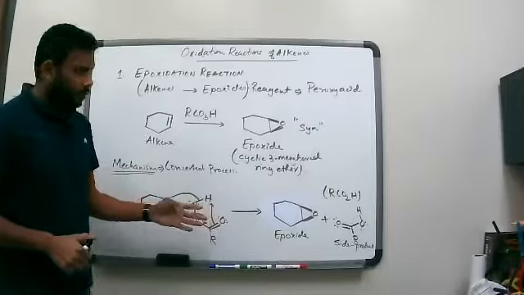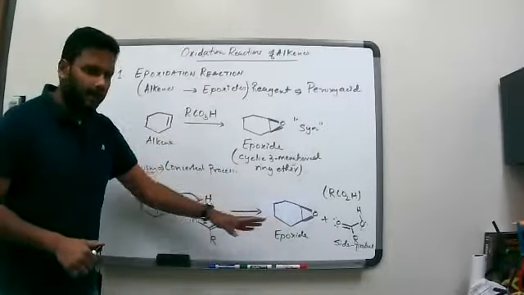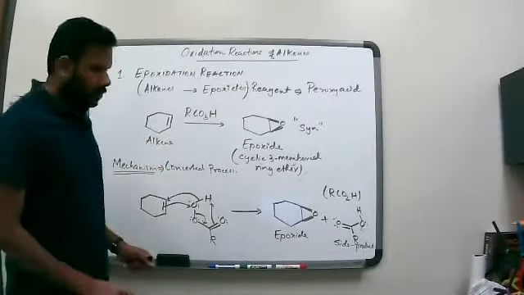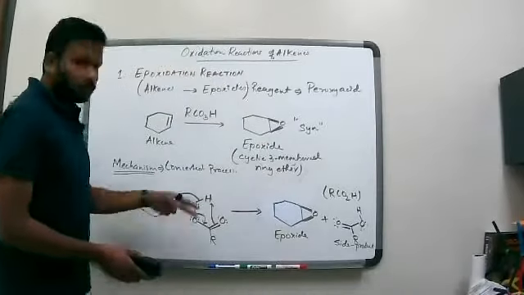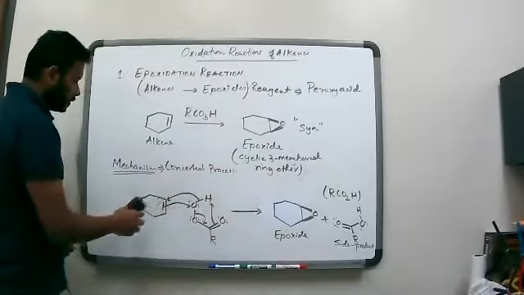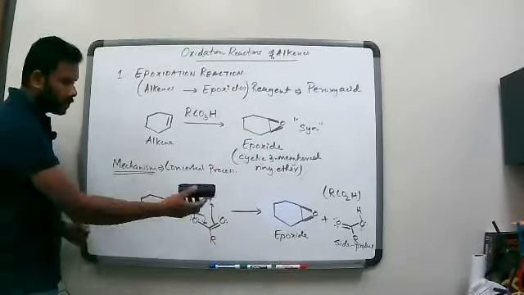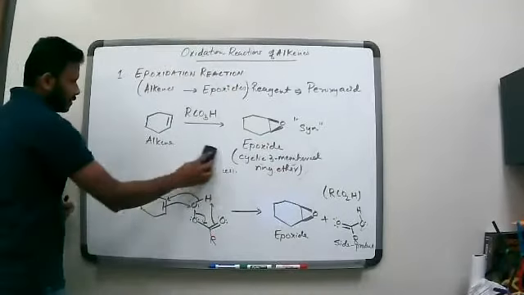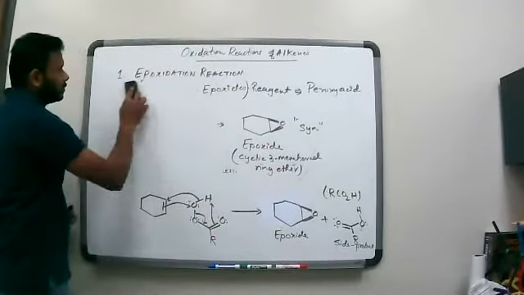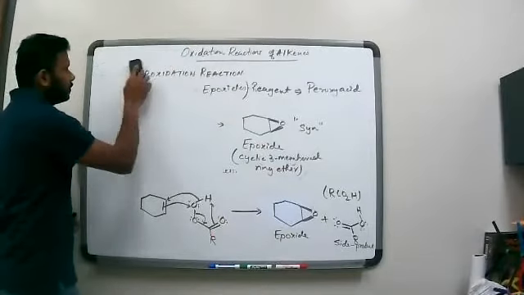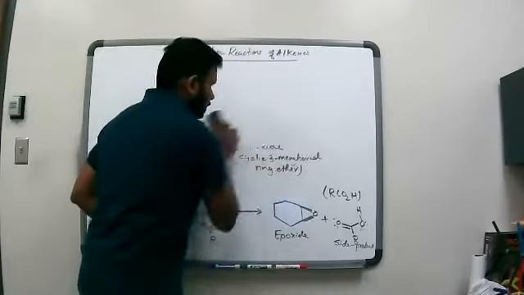So that way we can oxidize an alkene into an epoxide. So this is the first oxidation. Now epoxides are useful because we're going to see something here.